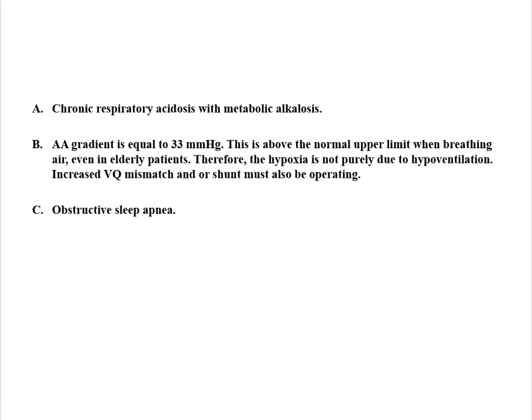It's between 10 and 50, and as age increases, the A-a gradient also increases. So this is above the upper normal limit, even for an elderly patient. Therefore, the hypoxia here is not purely due to hypoventilation, but there is an additional VQ mismatch or a shunt present. And as you told, the diagnosis is OSA.